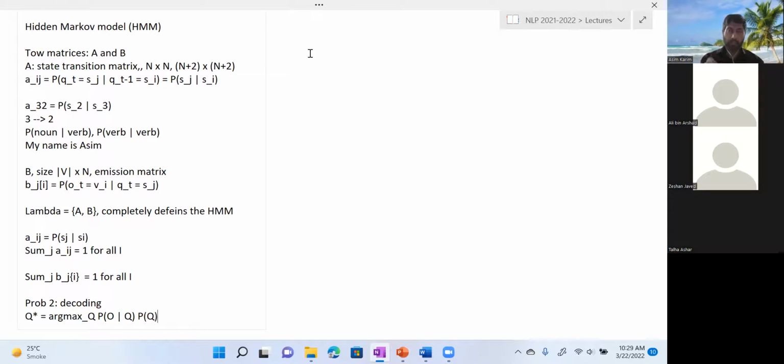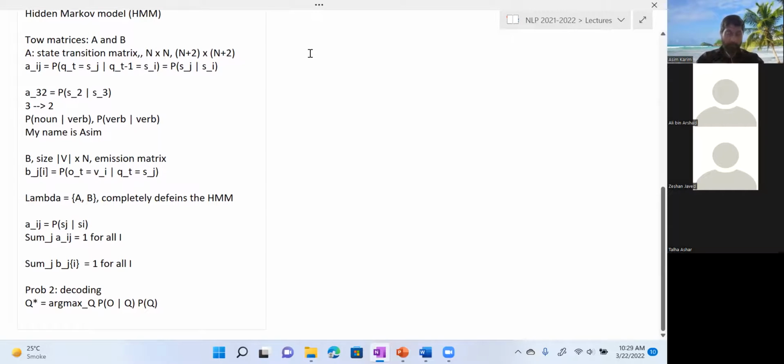In the context of POS tagging, given a sequence of words, we want to find the best sequence of labels for those words. So this is actually the POS tagging problem in the case of POS tagging application. Of course, this is a general formulation.